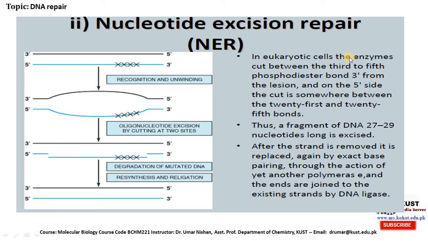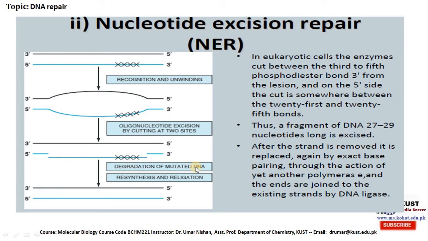In eukaryotic cells, the enzymes cut between the 3rd to 5th phosphodiester bond 3' from the lesion, and on the 5' side, the cut is somewhere between the 21st and 25th bonds. This is how recognition and unwinding takes place. Oligonucleotide excision by cutting at 2 sites.